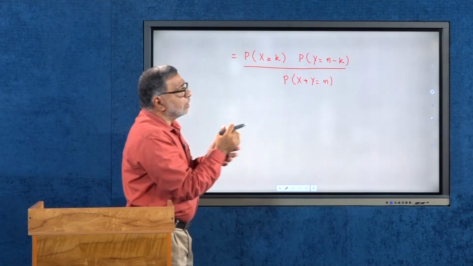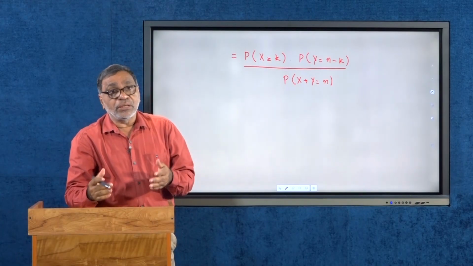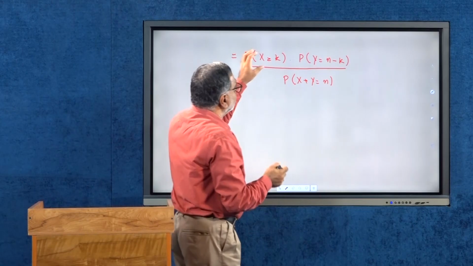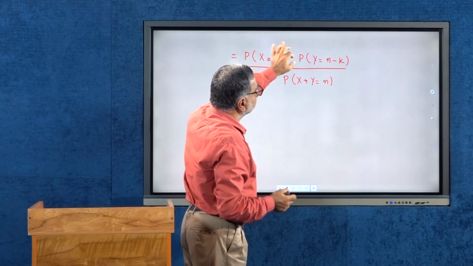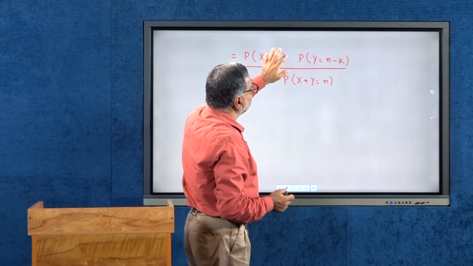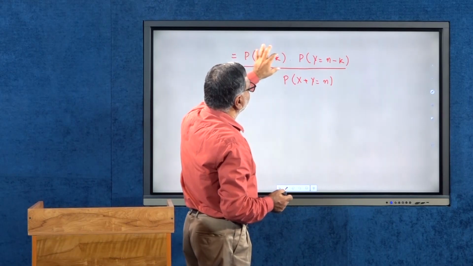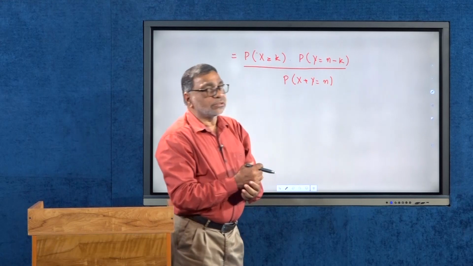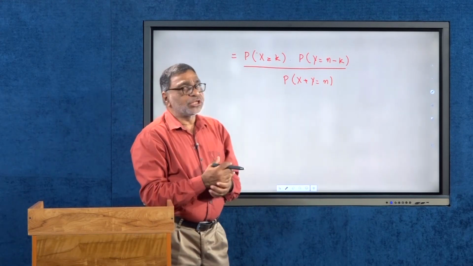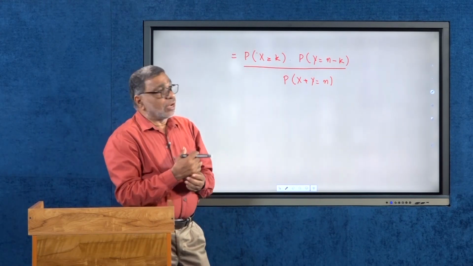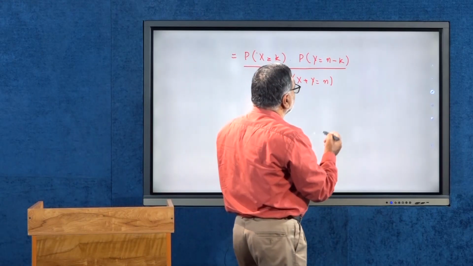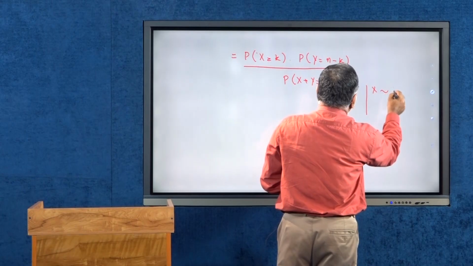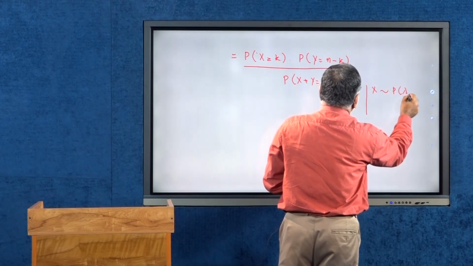Why are we writing it like this? Because you are given that x and y are independent. If x and y are independent, the probability of x equal to k intersection y equal to n minus k can be written as the product of the probabilities: the probability of x equal to k into the probability of y equal to n minus k. Now we just substitute the probability values. We know x is a Poisson random variable with parameter lambda 1, that is our assumption.